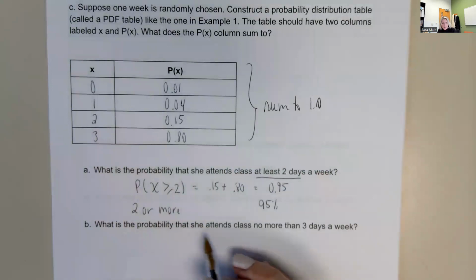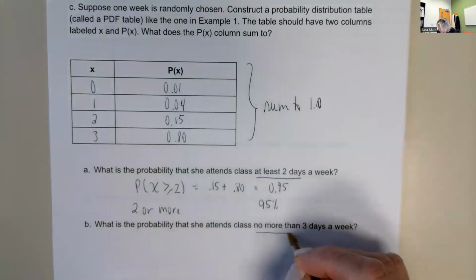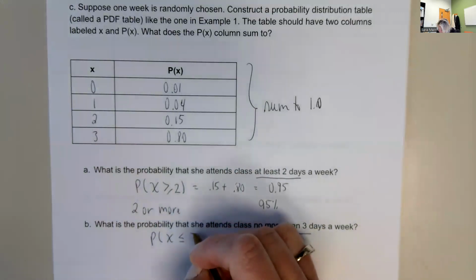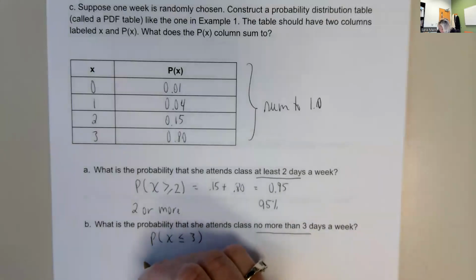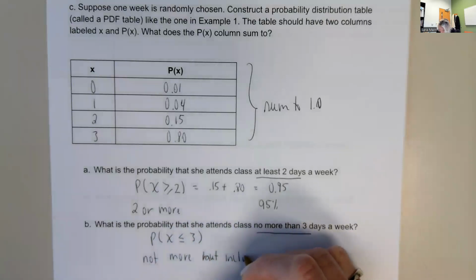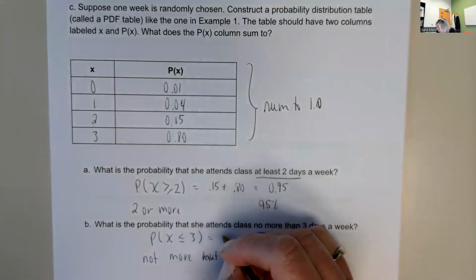What is the probability that she attends class no more than 3 days a week? So no more is the probability that x is less than or equal to 3 days. No more means not more, but including 3. So that means we're including 0.